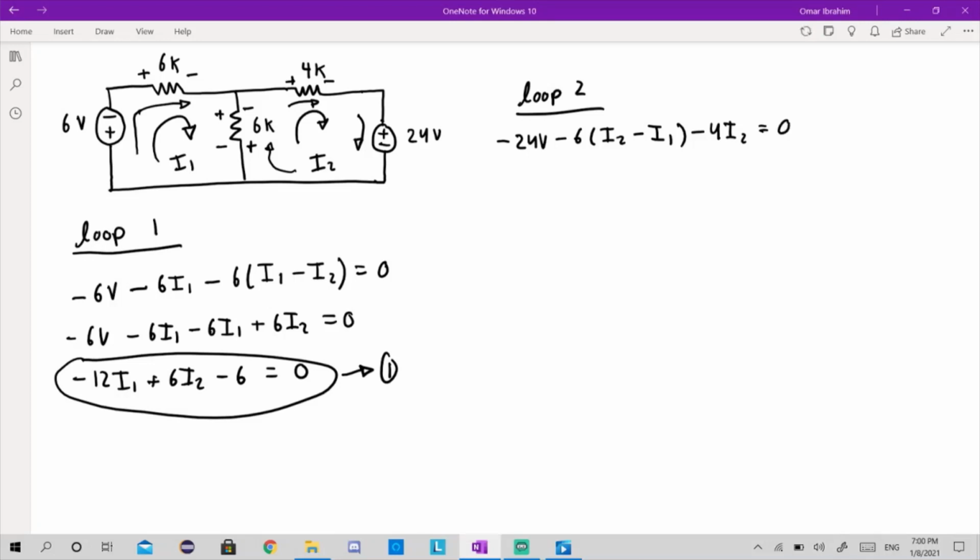And we're going to simplify this to make it a little easier. 24 minus 6I2 plus 6I1 minus 4I2 equals 0. Let's just collect everything.